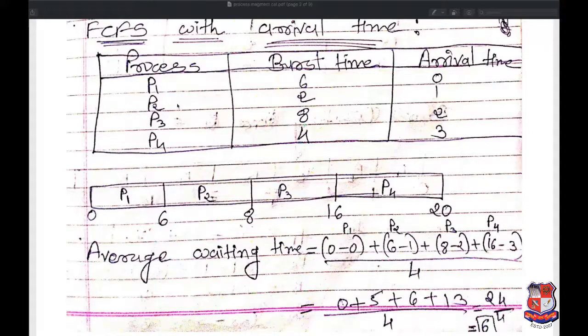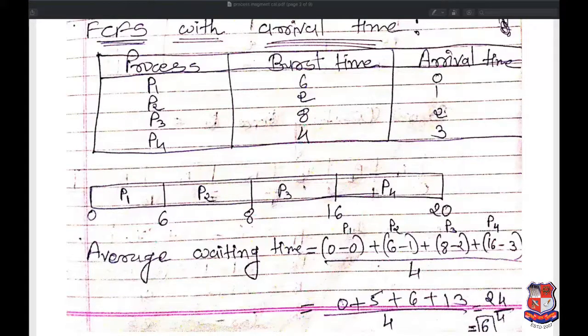First of all, the first process is P1. So start with 0, then P1: 0 plus burst time of P1, so 0 plus 6 is equal to 6. Then after that P2, the starting value of P2 is 6, and the burst time of P2 is 2, so 6 plus 2 is equal to 8.